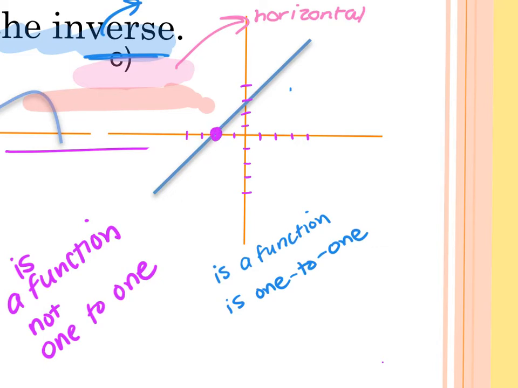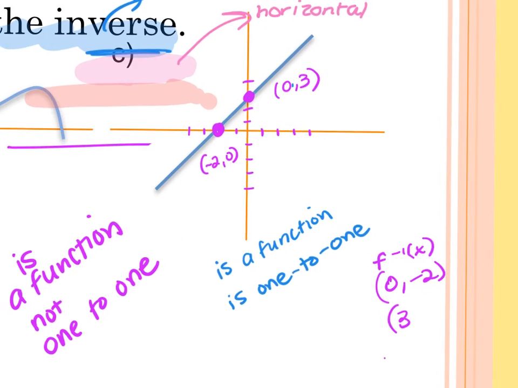So let's say I pick this point, and let's say I pick this point. Get the coordinates of them. So this one is -2, 0, and this is 0, 3. If that's my initial points, then the inverse switches the x and the y. So my f -1 of x coordinate points are going to be 0, -2, and 3, 0.